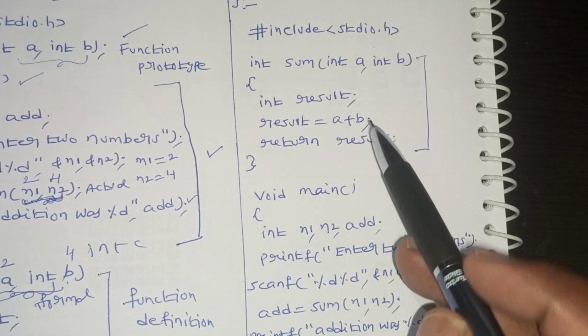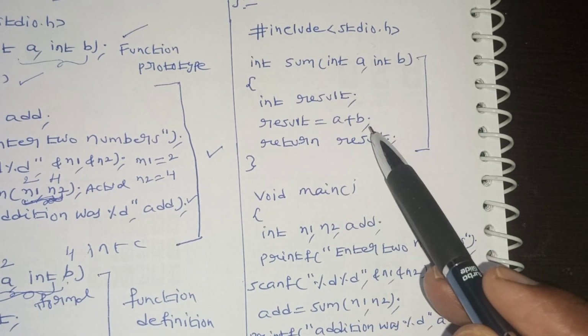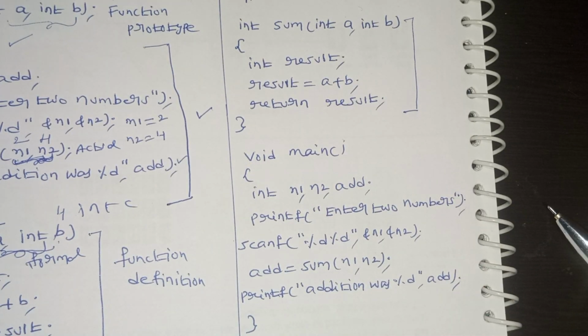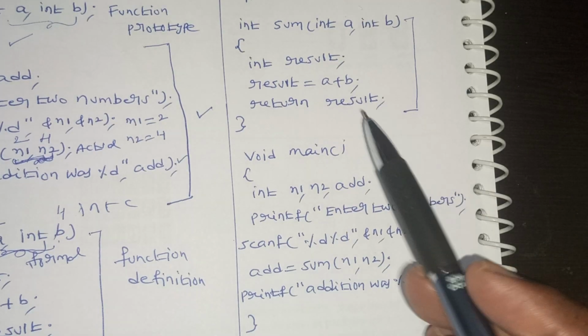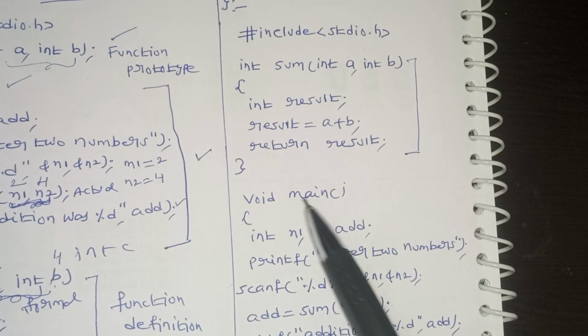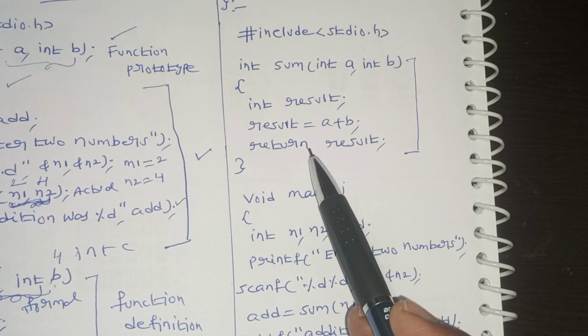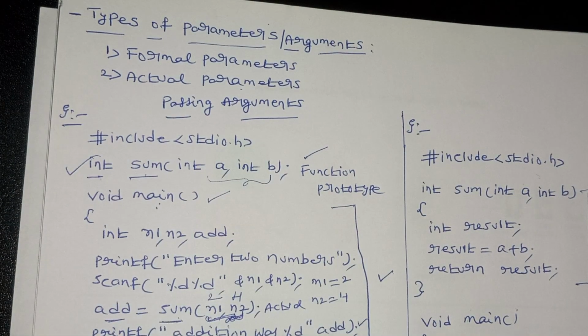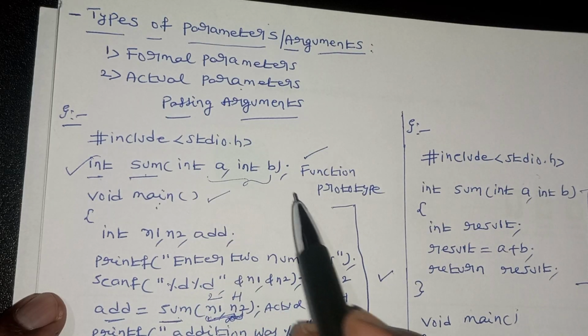Why? Because I am writing the function definition, or user defined function, above the main function. Very simple concept. If you write the user defined function above the main function, the function prototype is not required.